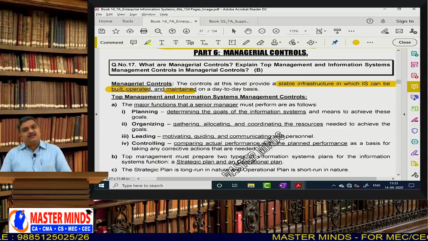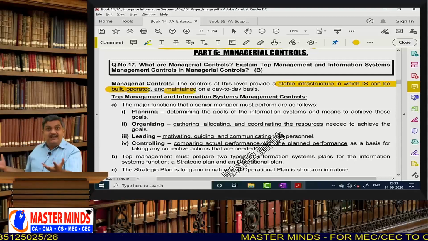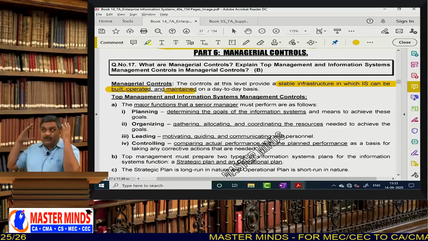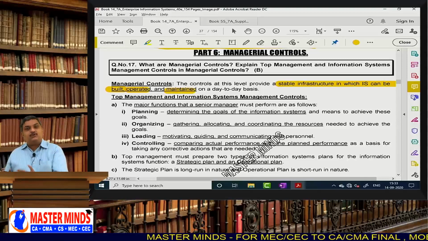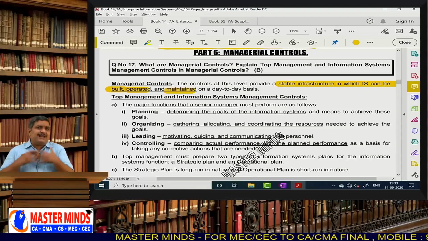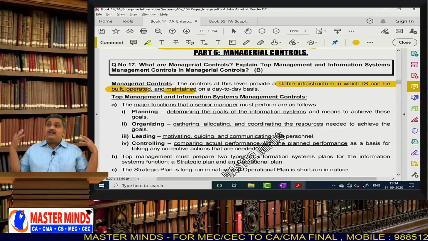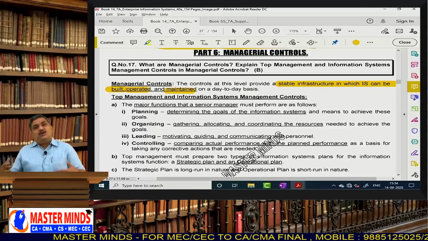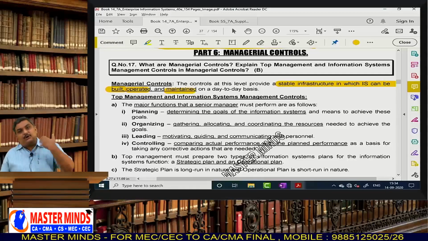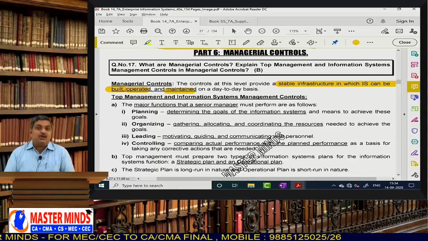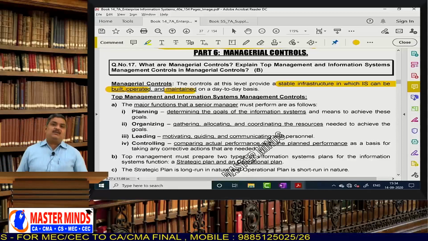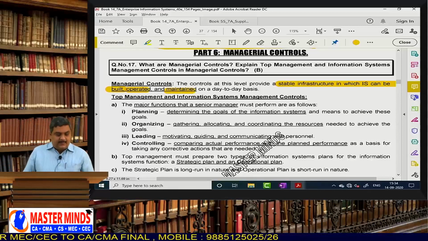Stable infrastructure means you need physical buildings, the right kind of servers, and the right kind of controls in place. Then who will take care of all these things? Regarding the construction of buildings, the procurement of hardware and software, who is responsible? It is the top level management in the organization.